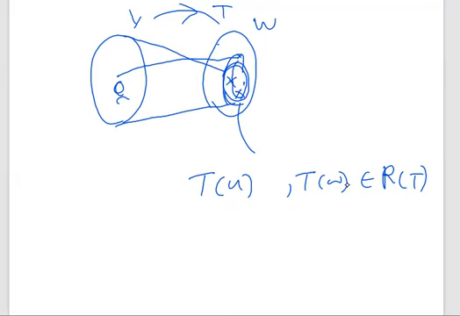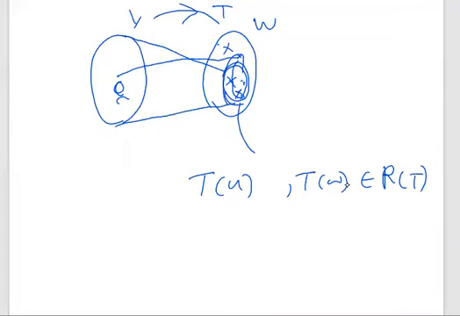When you add these up, we don't know whether the resultant one comes back to this set or goes outside of this set. We don't know. Let's check that.